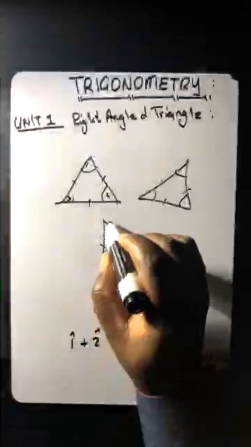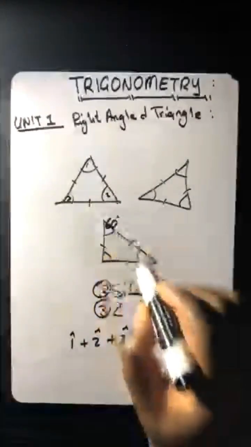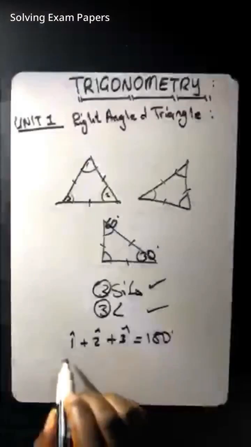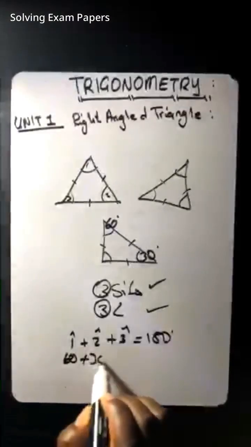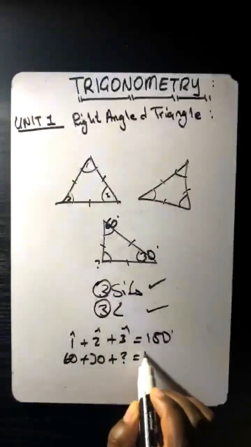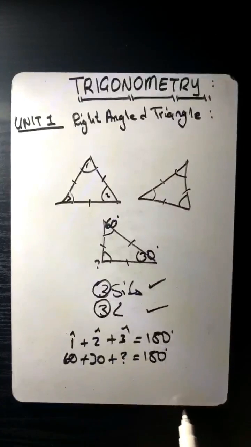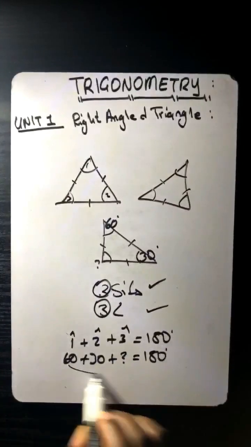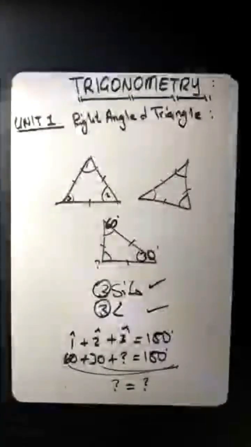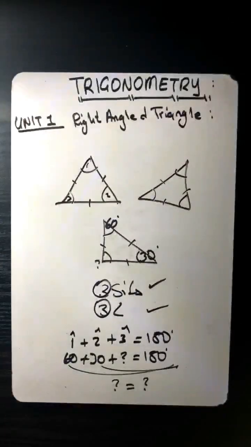So if this angle, for example, is 60 and this one is 30, I'm just giving an example, then you have 60 plus 30 plus this unknown angle, and when you add all of them they should give you 180. So you can take this to the other side, and then you will know what the unknown angle is. These are the basics that you should be aware of.